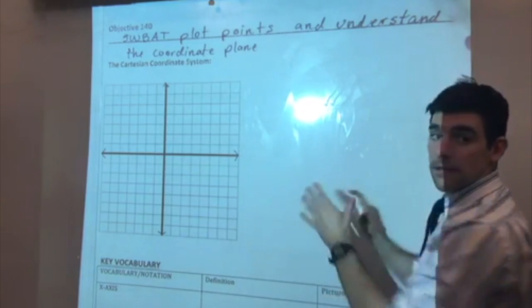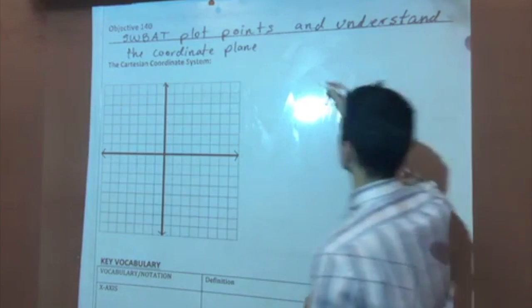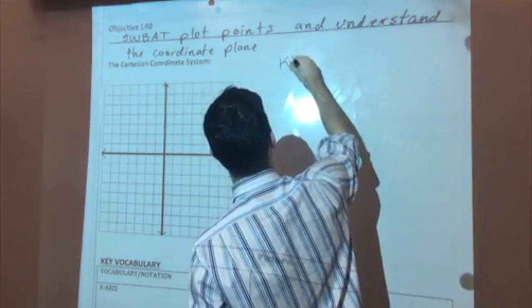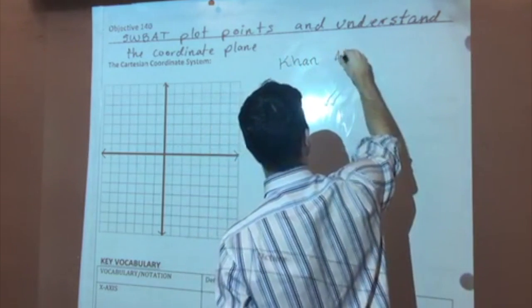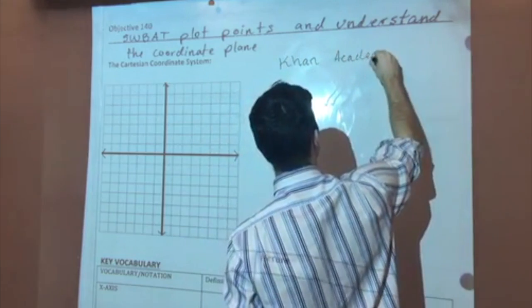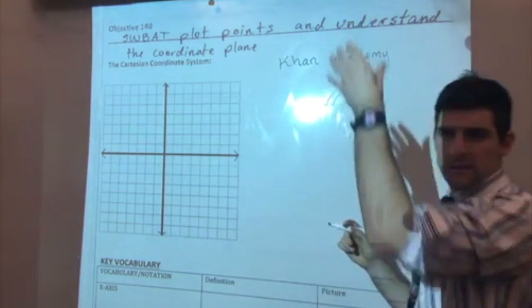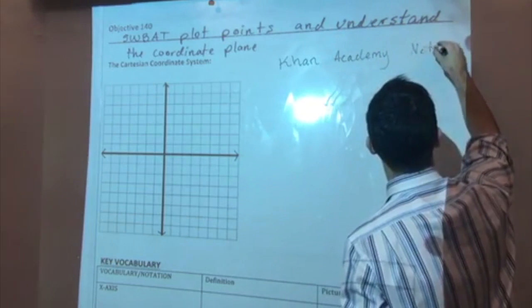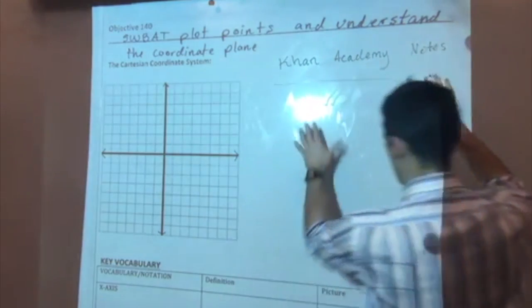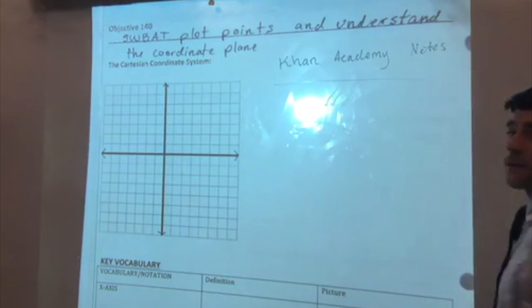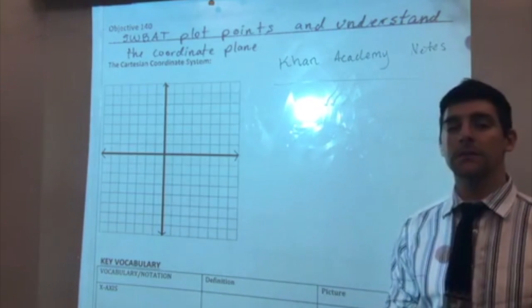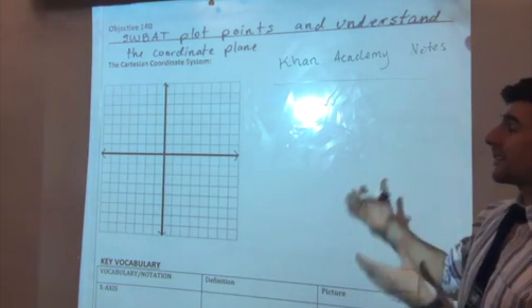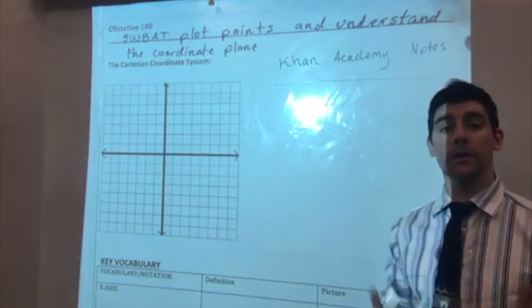So your very first assignment as part of this homework is to go back to the video drive and look where it says video 2 in Objective 140, and I want you in this big open space to take notes on that Khan Academy video that tells you where this idea of the Cartesian coordinate plane came from.